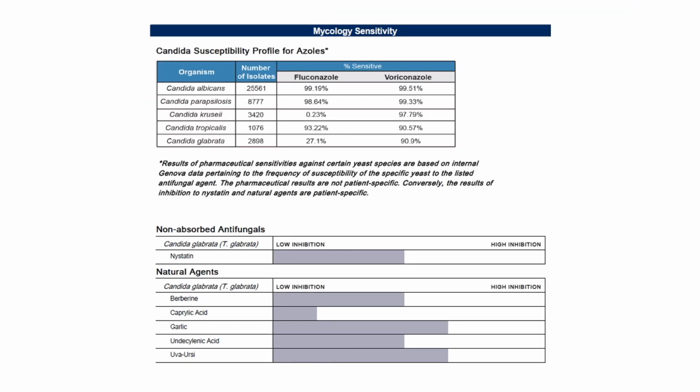The mycology sensitivity shows pharmaceutical sensitivities at the top of the page to fluconazole and voriconazole based on Genova data, not based on the patient's sample. You can see for Candida glabrata, it's only 27.1% sensitive to fluconazole, but 90.9% sensitive to voriconazole.